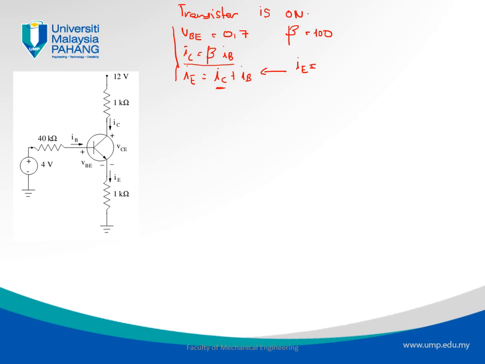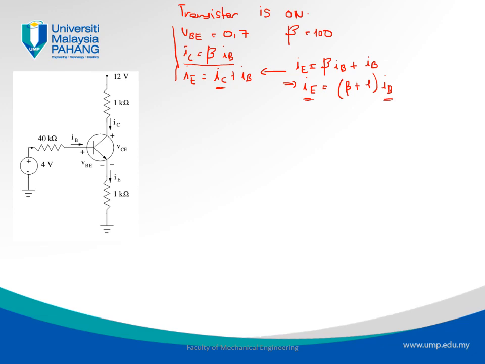So IE becomes beta IB plus IB. We can simplify IE to beta plus 1 multiplied by IB. Now if we have IE, we can write it in terms of IB.